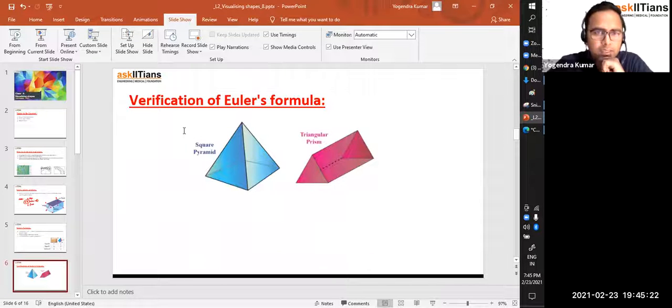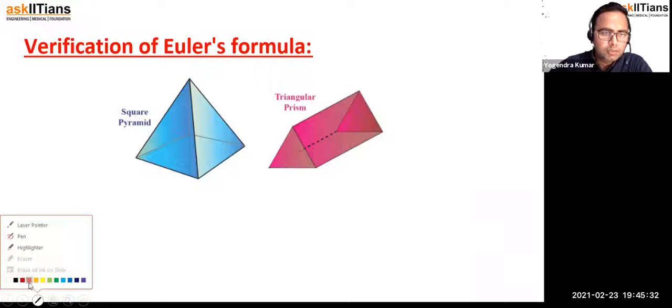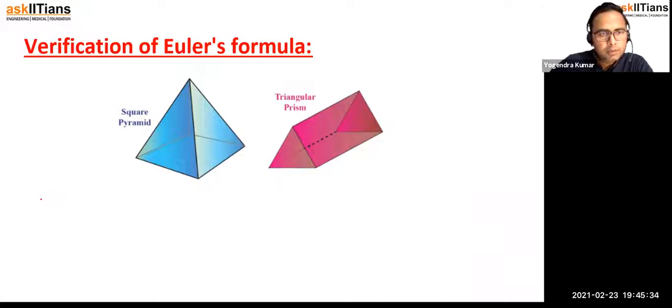Now the verification of Euler's formula. We can do it here, right? What is the rule? Let me write it down here again. Euler's formula is F plus V is equal to E plus 2, right? So in this square pyramid, how many are there? I think we did this already, but let me do it again here.